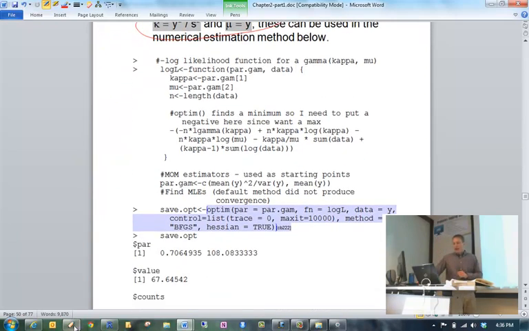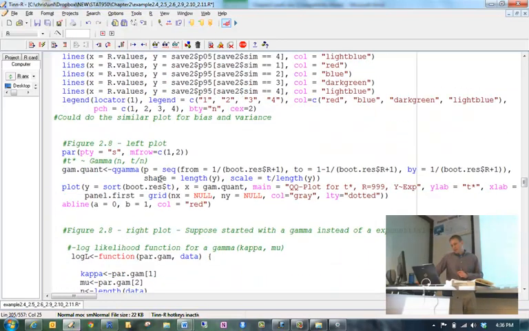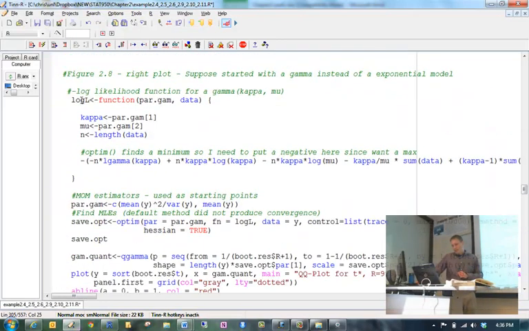Next, what we need to do is actually program the log likelihood function. Here's the structure that you would want to use in R. Create a function. In your first argument, have your parameters that you can pass into the likelihood function. So I call it par.gamma. Parameter is gamma.